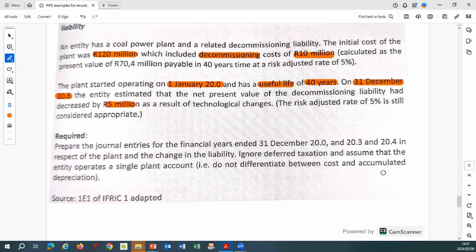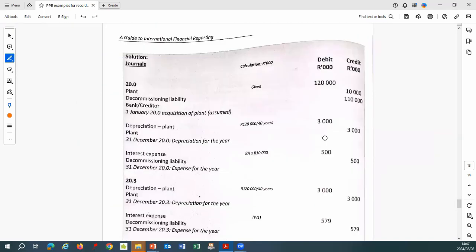So let's go through to the solution. We can see that we recognize the plant at its cost. That was made up by the fact that we paid for the plant, but that we also had a decommissioning liability. So that was our principle that we learned from our last phase in terms of determining cost. We then depreciated this item on a straight-line basis. So we've processed 3,000 depreciation.